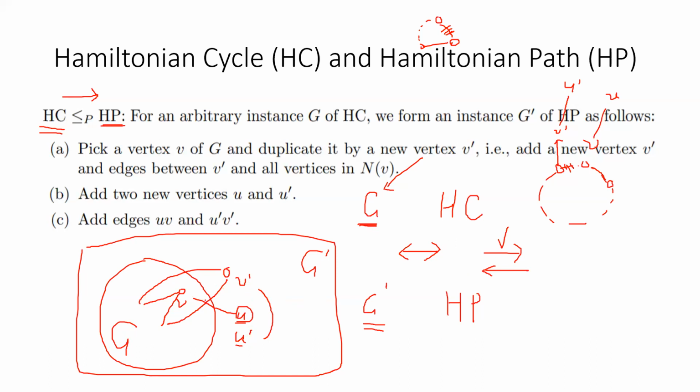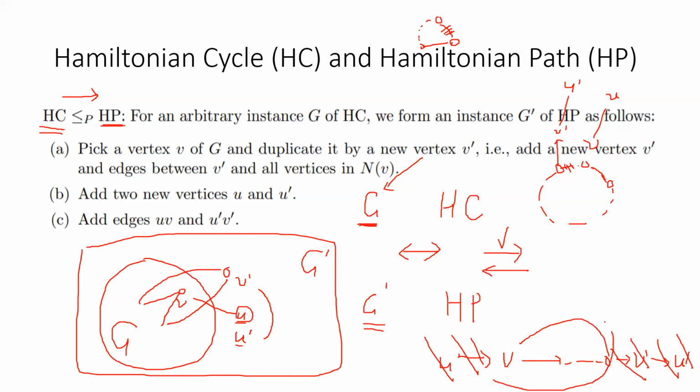If you want to include every vertex, they have to be the start and the end. And so you have a path from U to V to something, and then to V prime to U prime. And then what you need to do is to delete this one and also delete this part and connect to here. And this is a Hamiltonian cycle for graph G.